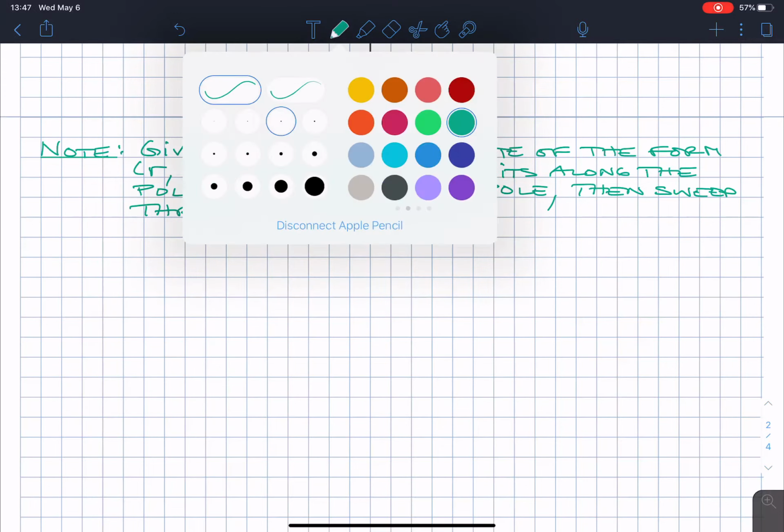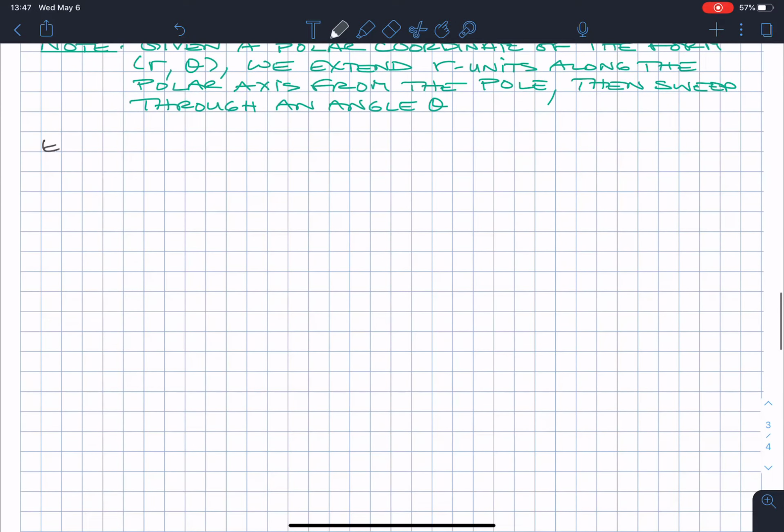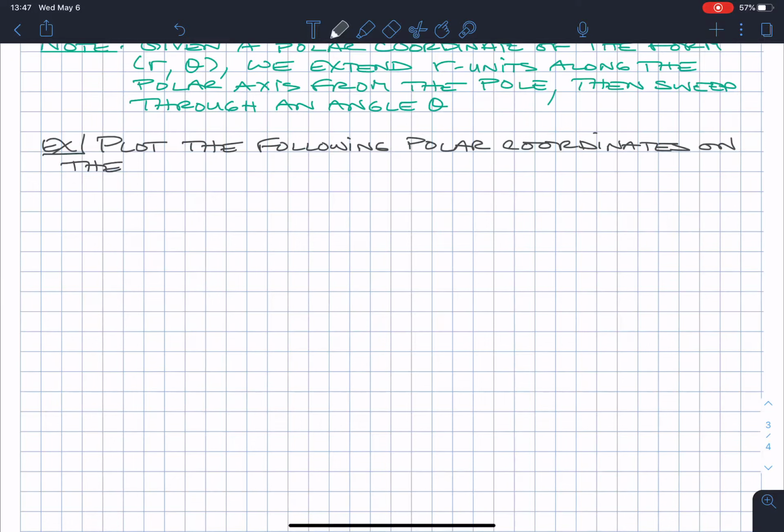Okay, so let's see what I mean by this. So for example, let's plot the following polar coordinates on the same set of coordinate axes.